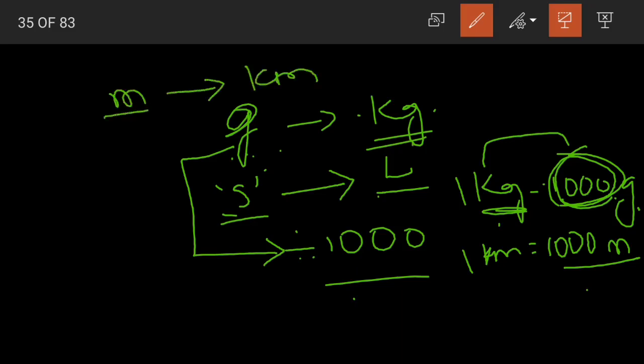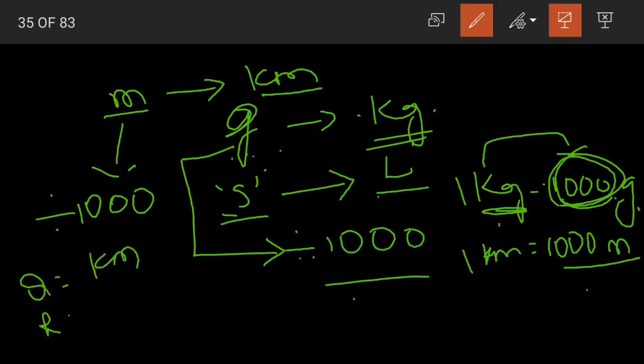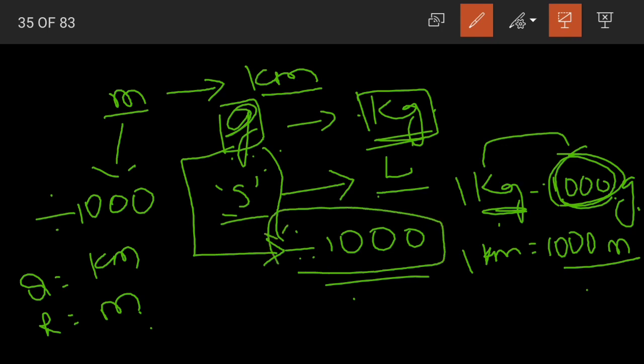Just like to convert meters into kilometers, we divide the given meters by 1000. The quotient becomes the kilometers and the remainder becomes the meters. In the same way, when we convert grams into kilograms, we divide our grams by 1000 so that the resulting quotient will be our kilograms and the remainder will be grams.